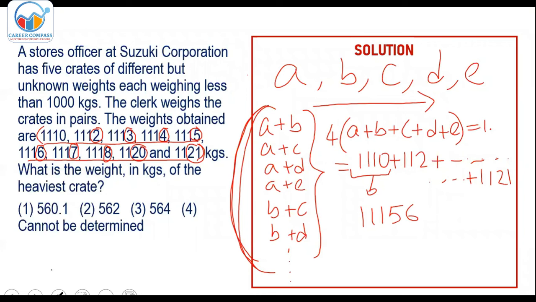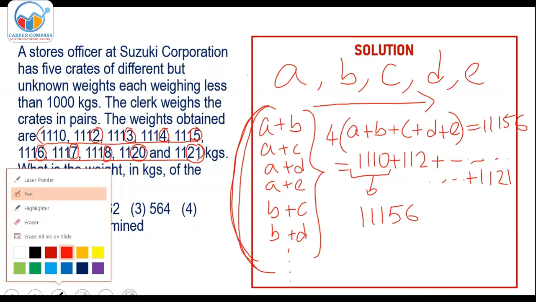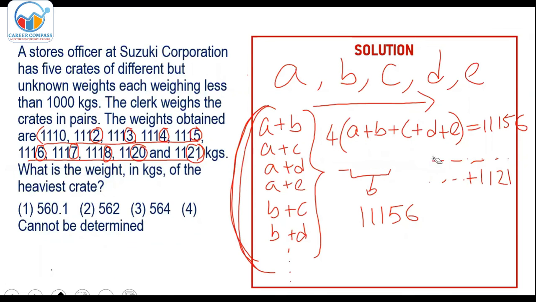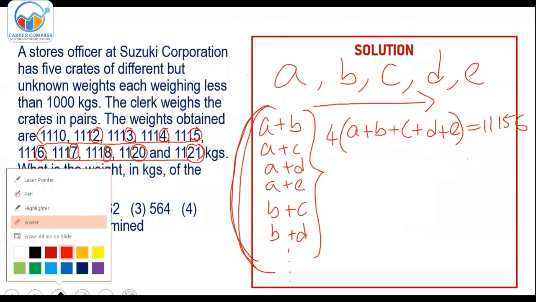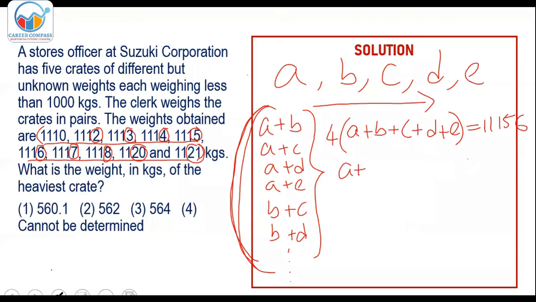So let me put it here and let me erase this part. So now I see that 4 times of all the variables is equal to 11156. So I can comfortably say that the addition of these variables will be 11156 divided by 4.